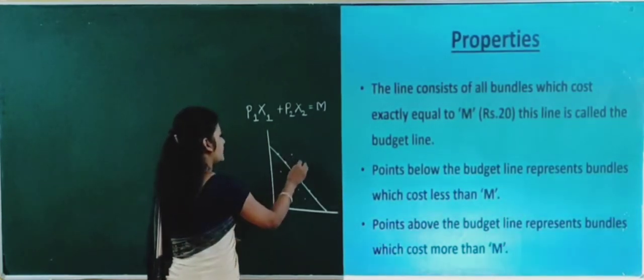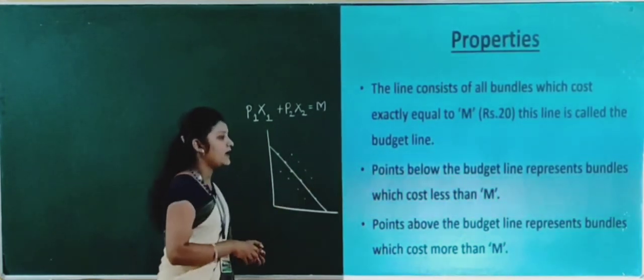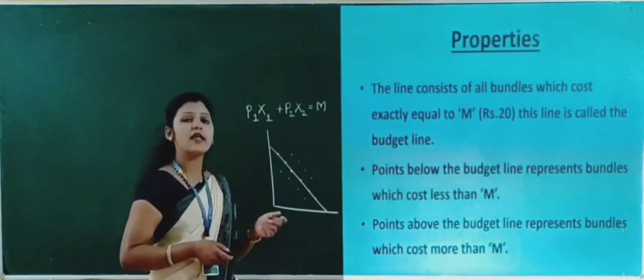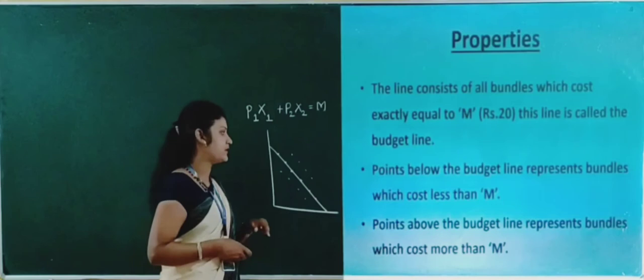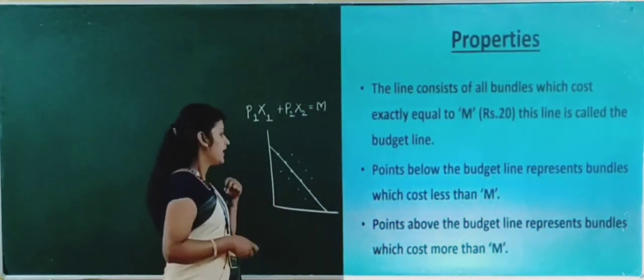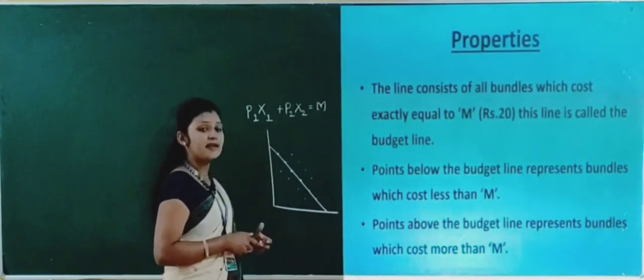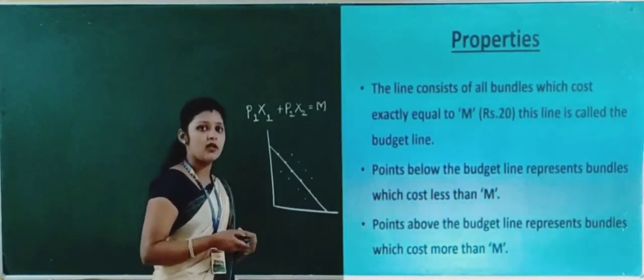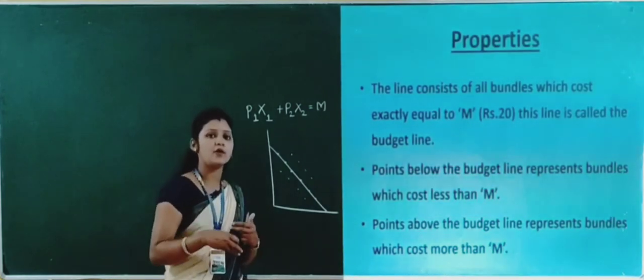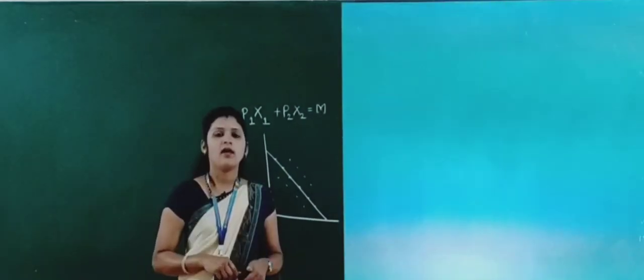Points above the budget line represent the bundles which cost more than m. If a point lies outside the budget line, it costs more than his money income, more than rupees 20. This is all about the budget line, and we saw some important properties of the budget line also.